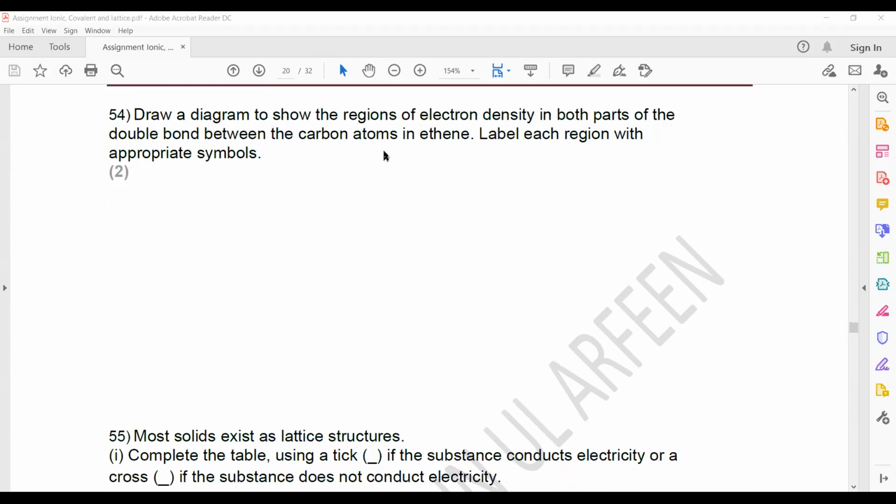Now, draw a diagram to show electron density in both parts of the double bond between the carbon atoms of ethene, and label each region with the appropriate symbol. So we have to draw an electron density map for the carbon-carbon double bond in ethene.